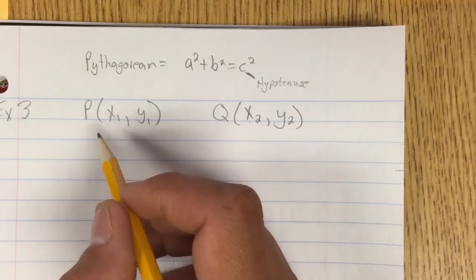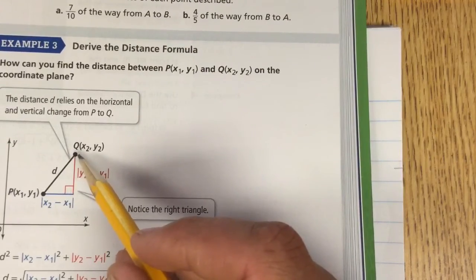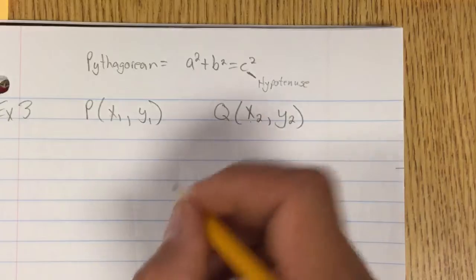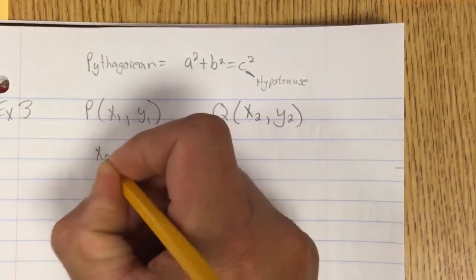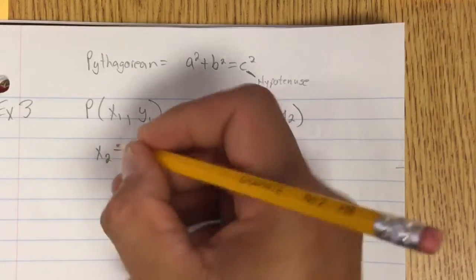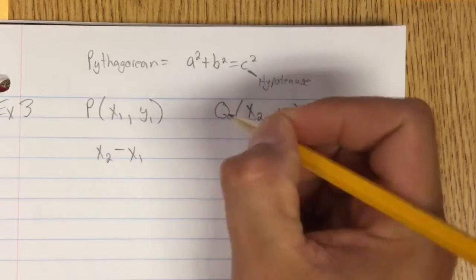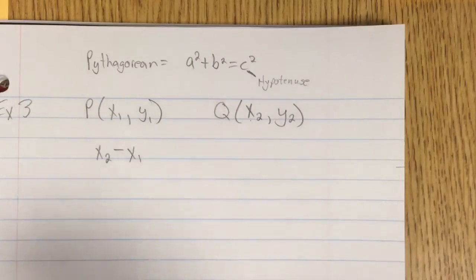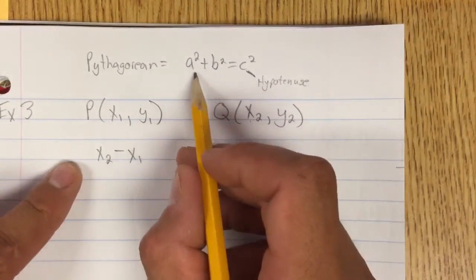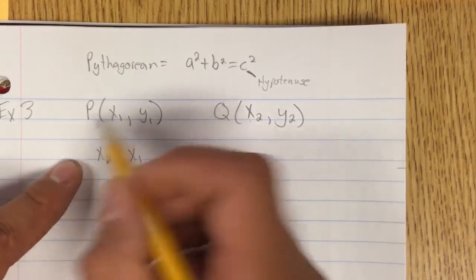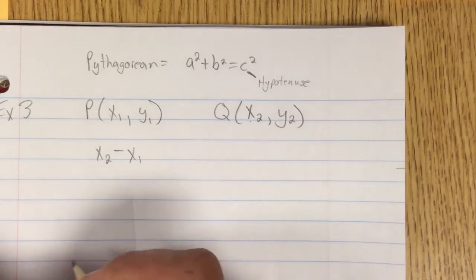Because the second point is typically a larger value, because it's typically up, I'm going to put the bigger value, which is normally the second point, and subtract from it the smaller value, which is normally the first point. So that's where this first part of the Pythagorean theorem comes into play. I'm just finding the length of one of my legs.